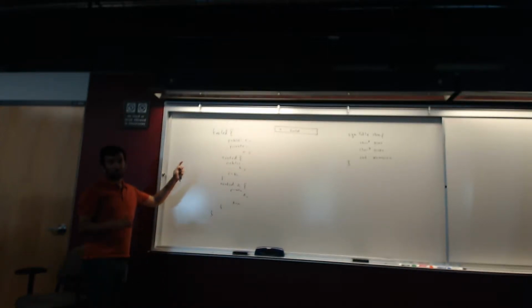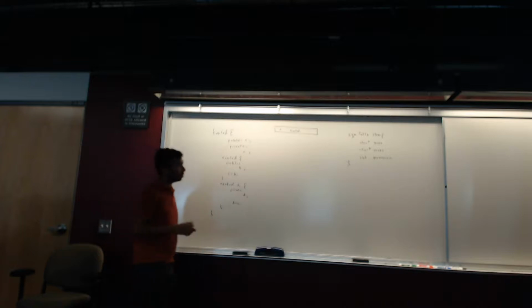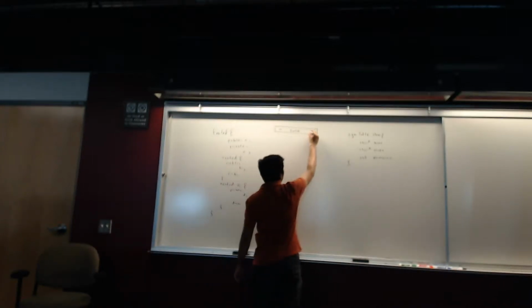Let's say for public it's 1, private it's 0. So you keep it 1. So that's your first entry in the symbol table.